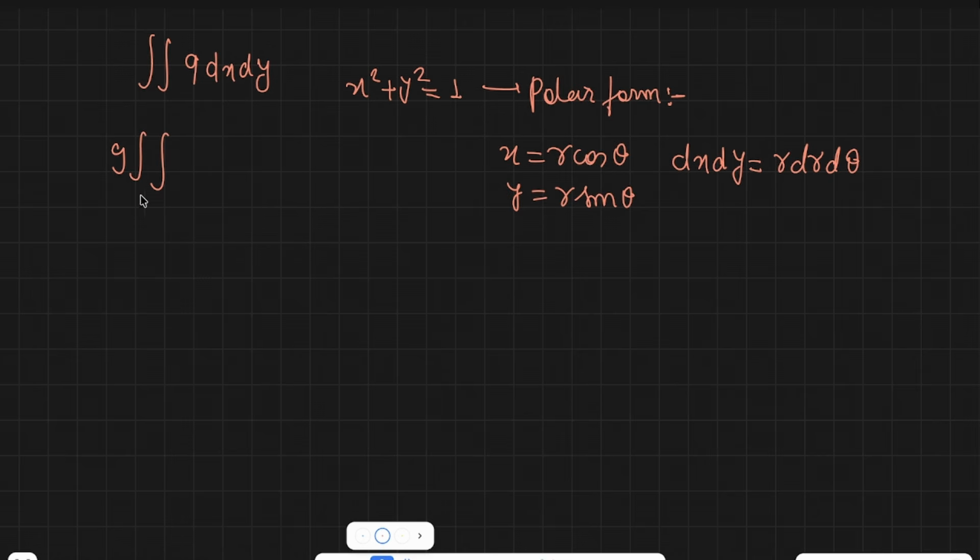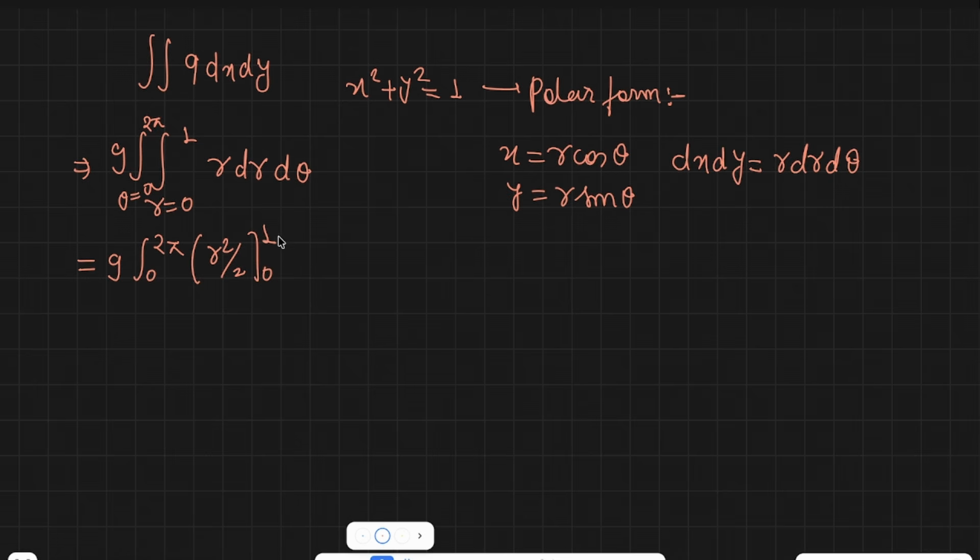Here r goes from 0 to 1 because the radius is 1, and theta goes from 0 to 2 pi, covering the whole circle. Then it will be 9, integral from 0 to 2 pi, the integration of r is r square by 2, from 0 to 1, and d theta.